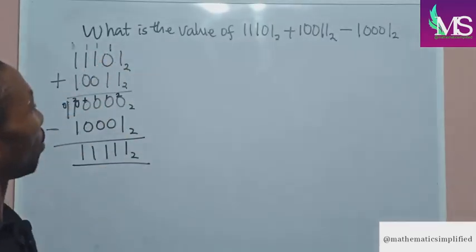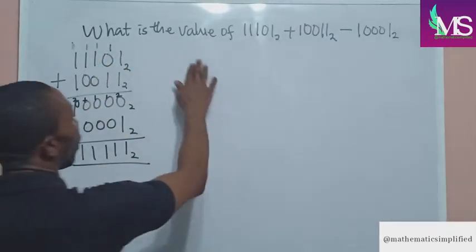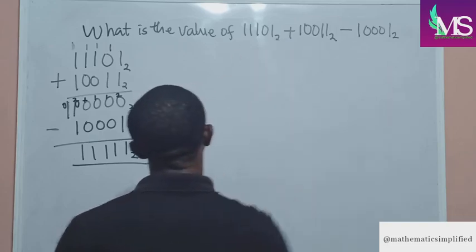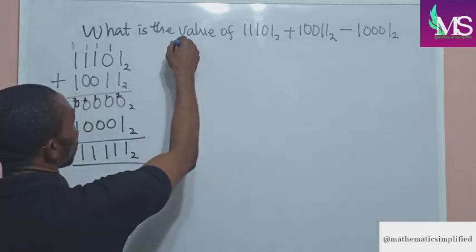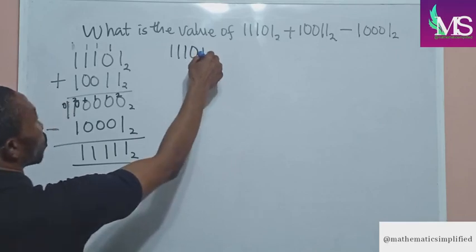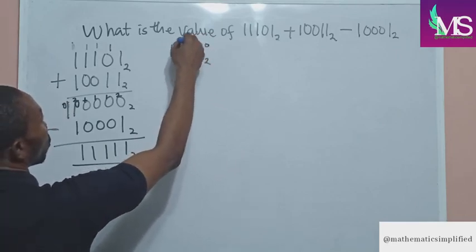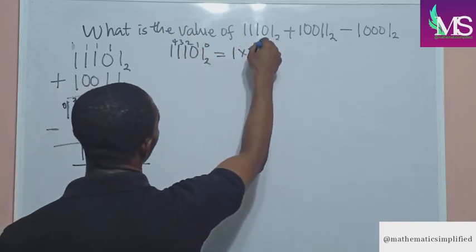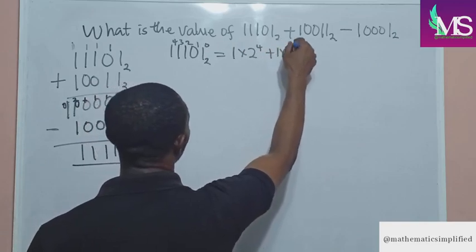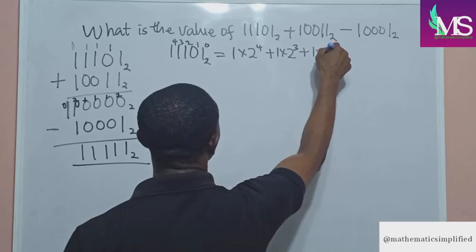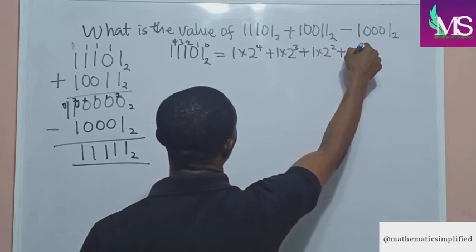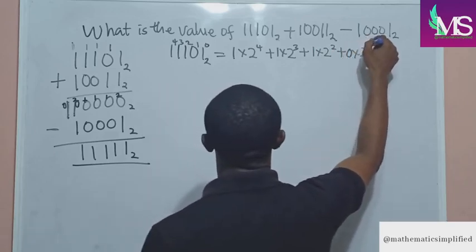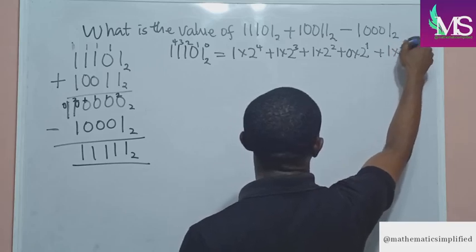Now, looking at the second method, using our expansion method, we turn this base 2 to base 10. This becomes 11101 base 2. Numbering the positions 0, 1, 2, 3, 4, this gives us 1 times 2 raised to the power 4 plus 1 times 2 raised to the power 3 plus 1 times 2 raised to the power 2 plus 0 times 2 raised to the power 1 plus 1 times 2 raised to the power 0.